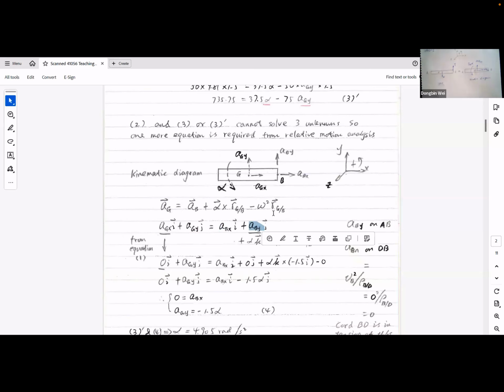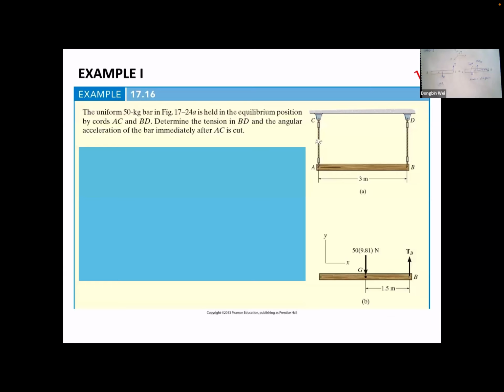For ABY, look at this problem. In this one here, you will see for B, at this instant, ABY on this bar AB.